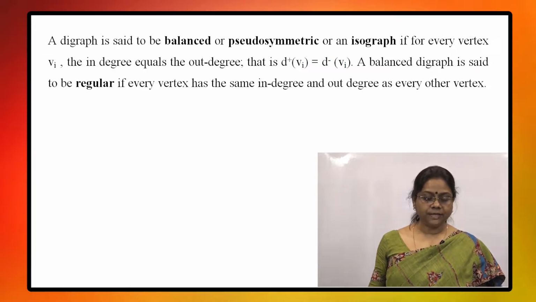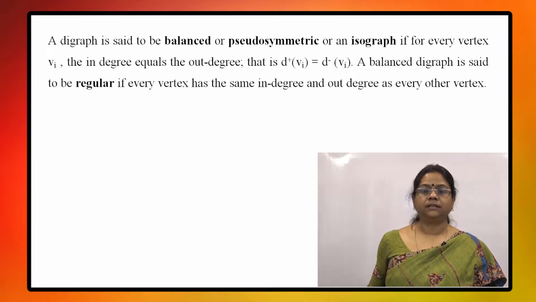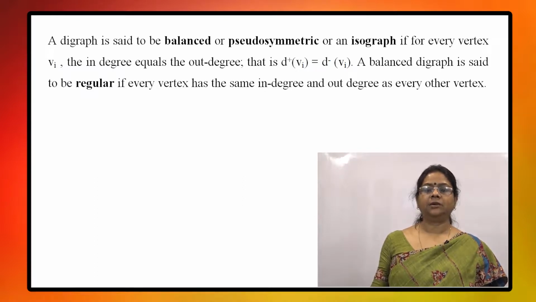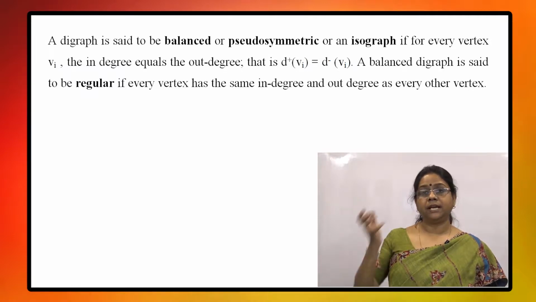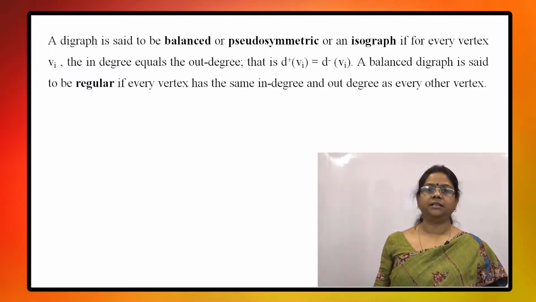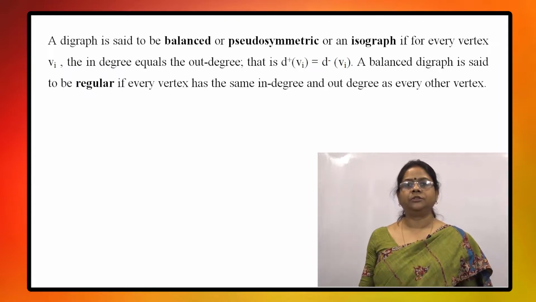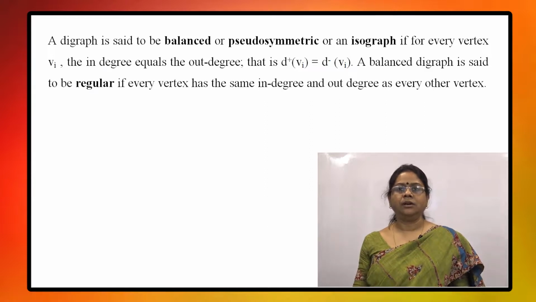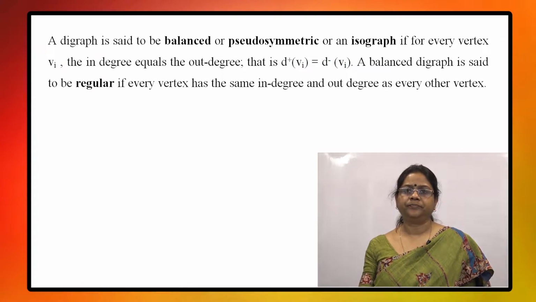A digraph is said to be balanced if for each vertex the in degree and the out degree are equal. So d plus vi is equal to d minus vi for each vi. Then the digraph is called balanced, or pseudo-symmetric, or sometimes it is called an isograph.